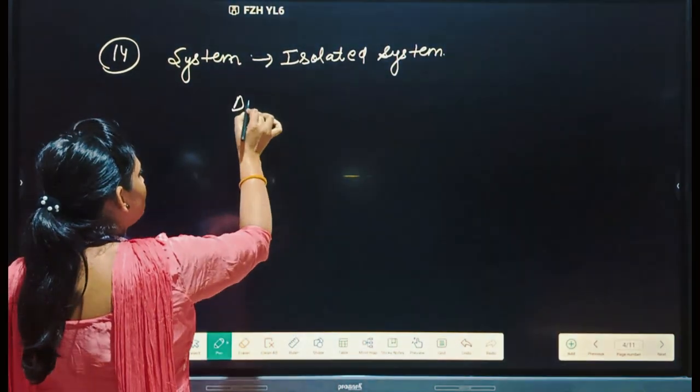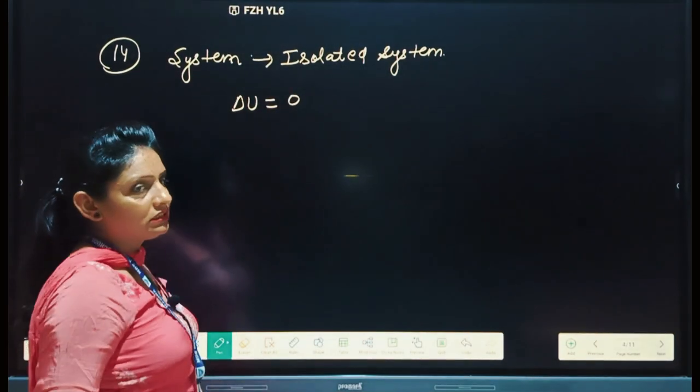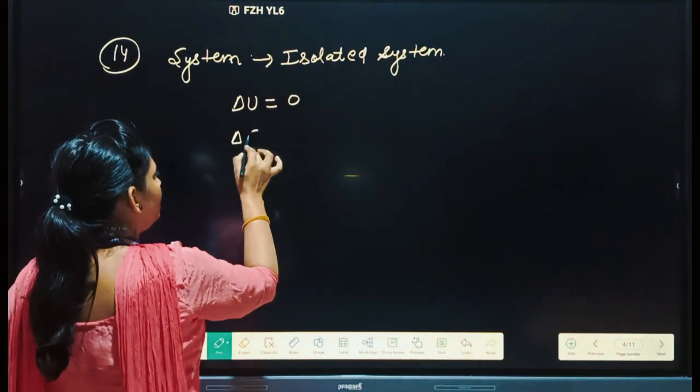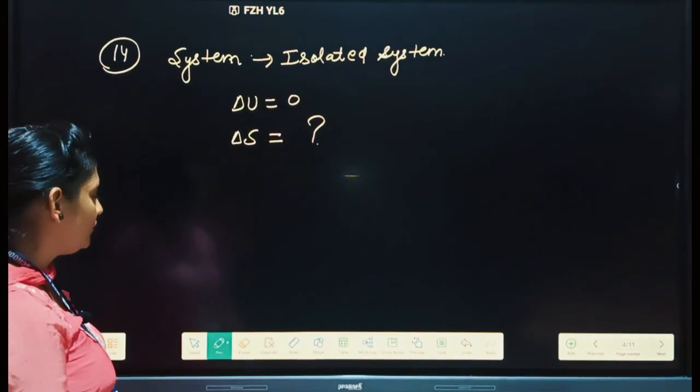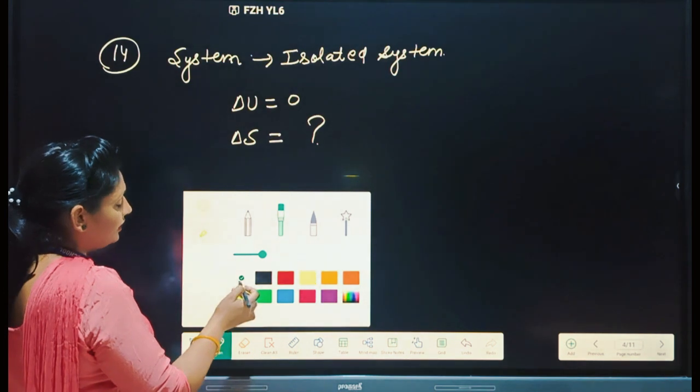Here del U is 0, given to us. Then student, what will be the value of del S? We need to calculate this one.